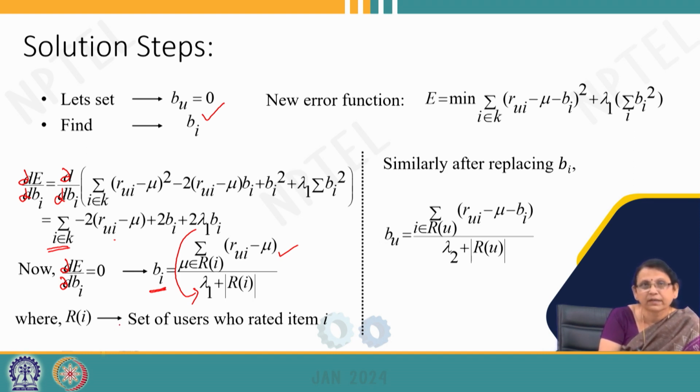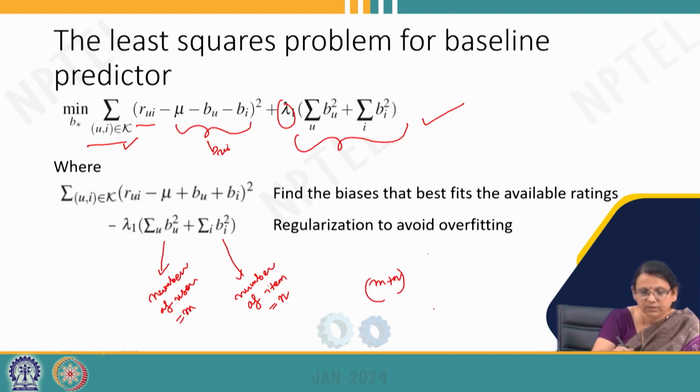So, with respect to I, how many unique I's are there? That number is this one. Similarly, once we find out these I's, then we will put these BI's with respect to the original equation. Original equation is this one.